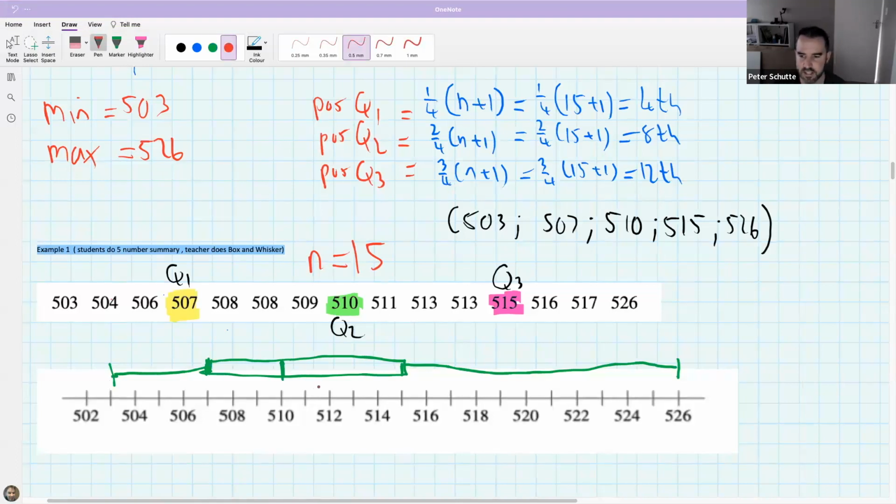Okay, so here is some important, I call this interpretation of the box and whisker plot. So listen carefully. If I look at my data, the top 25% is sitting over here. So that's the top 25% of data. The bottom 25% is sitting down here.